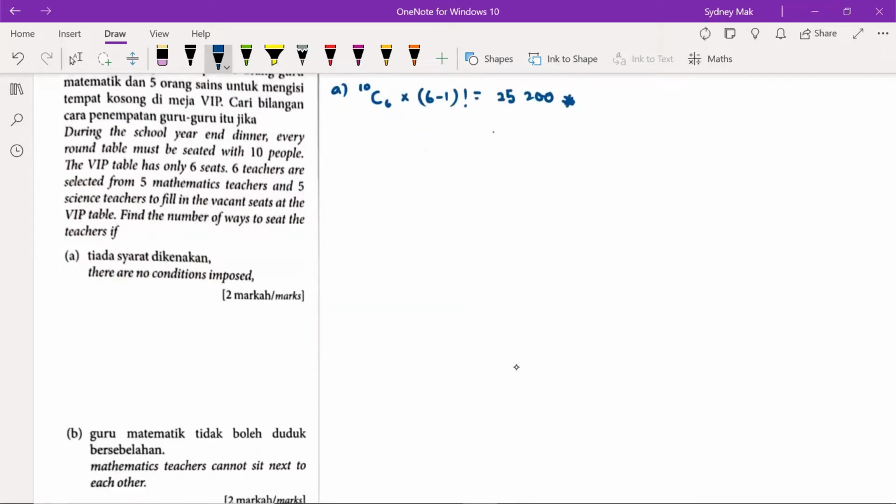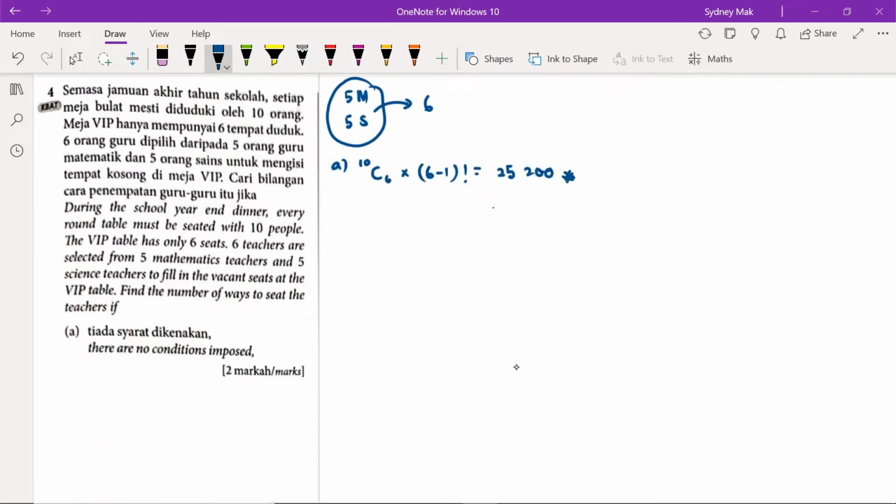Now, part B, mathematics teachers cannot sit next to each other. So, to find the number of ways to seat the teachers in such a way that maths teachers cannot sit next to each other, it depends on who are the teachers that are selected in the first place. So we may have selected all 5 science teachers.